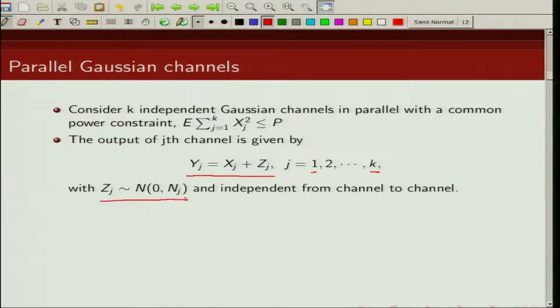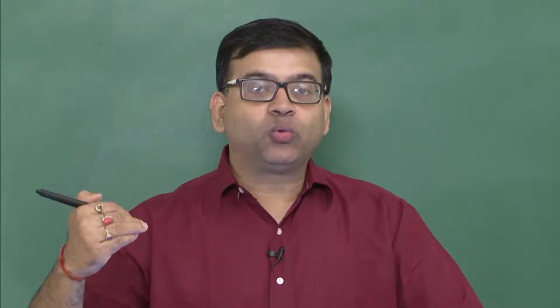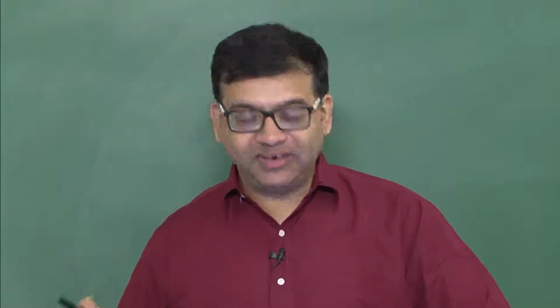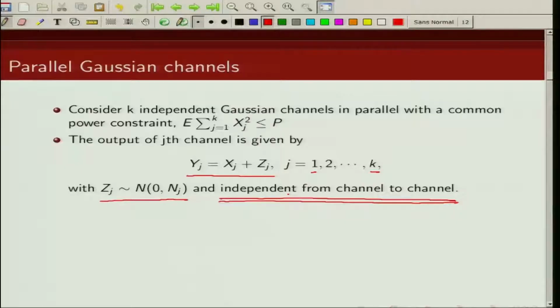Noise is zero mean with variance Nj, and this is considered to be independent from channel to channel. Subsequently, when we talk about colored noise, we will assume that the noise is not independent, and then we will compute the capacity expression for that as well. For the first part, we are assuming that the noise is independent from one channel to another. So, noise N1 is independent of N2, which is independent of N3, and of Nk.